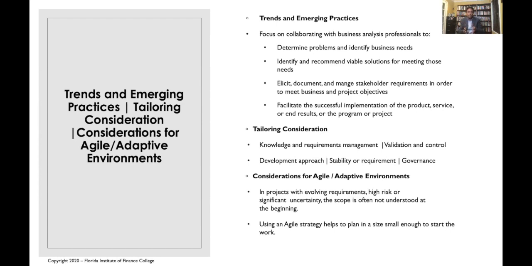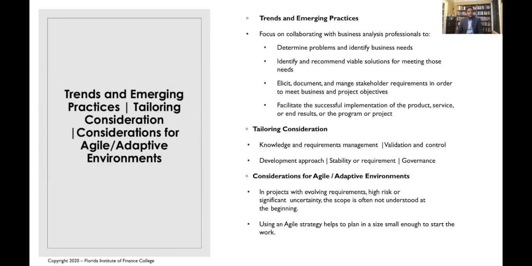That means that it literally is tailored to their own specific needs. That means knowledge and requirement management, the validation and control of their product. So it's specific to their own area. Stability and some of the governance are also part of the tailoring strategy, which I think I have additional information on.